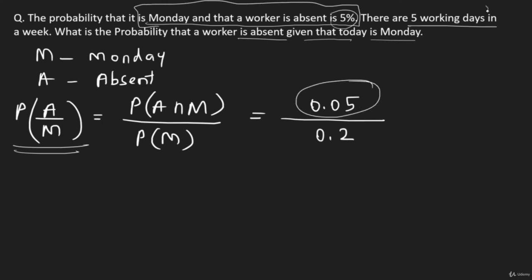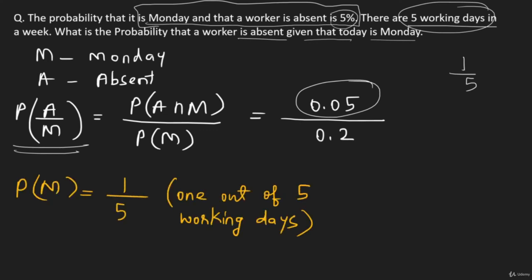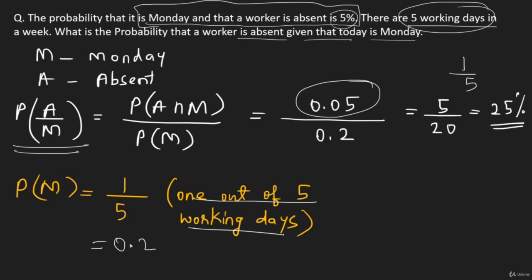And because we have 5 working days, the probability that today is a Monday, given that it's a working day, because we will check for absence only on working days, would be 1 by 5, right? So probability of it being a Monday is equal to 1 by 5, 1 out of 5 working days, which is equal to 0.2. So the answer of P of A given M is 0.05 by 0.2, which is equal to 5 by 20 or 25 percent.